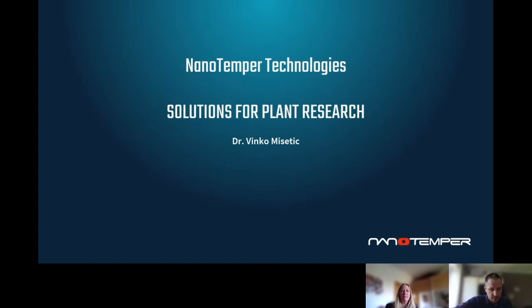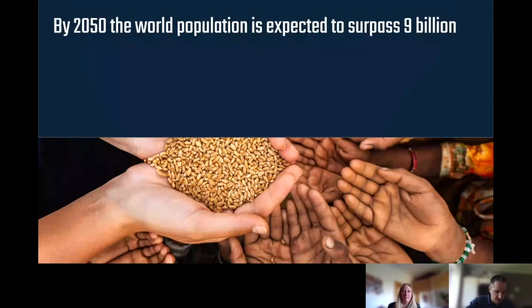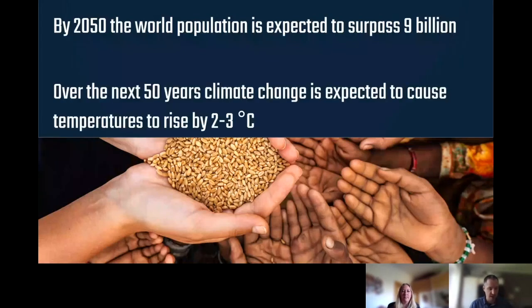However, if we think about the future, beside virus outbreaks and wars, we have two major challenges that are inevitable. One is the steady growth of the world population, especially in developing and third world countries. And also, most probably, the climate change that goes along with it, which leads to an increase in temperatures by several degrees.